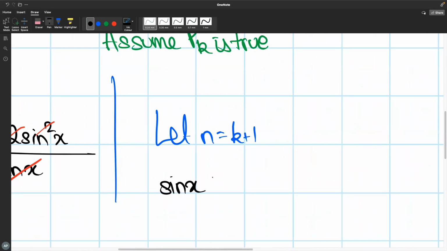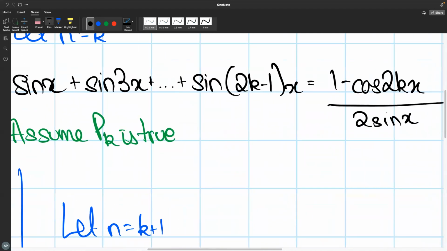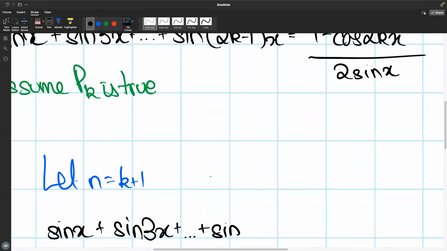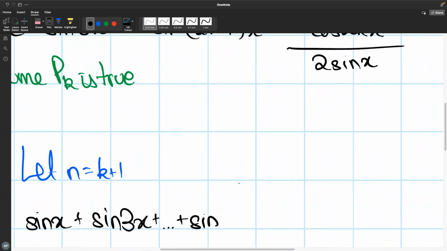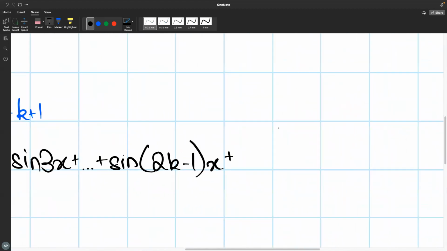So sine of x plus sine of 3x plus sine of, now over here, one might be tempted to directly sub in k plus 1, but it's important that we first sub in k, because that is what we're going to substitute in later on. So for now, we should write sine of 2k minus 1 x. And now we can sub in n as k plus 1.